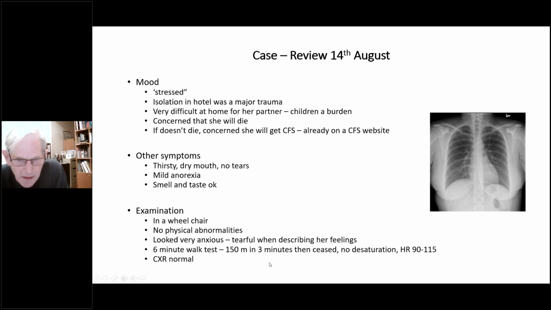And so she didn't get anywhere near that, stopped because of exhaustion, but did not desaturate, indicating that gas exchange and the pulmonary circulation were likely intact. And her heart rate was not abnormally high, which is different from a number of post-COVID patients that we've seen. And I repeated her chest X-ray on the same day, and that abnormality, particularly at the right base, had cleared.